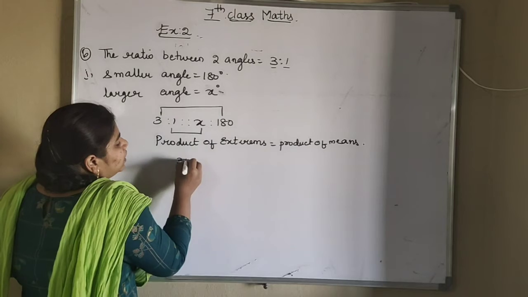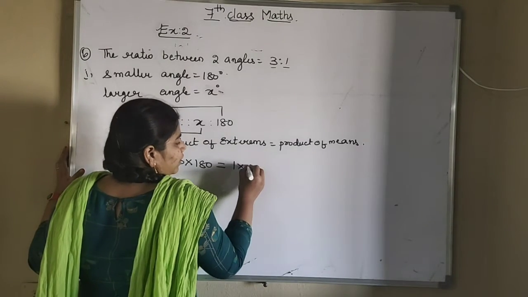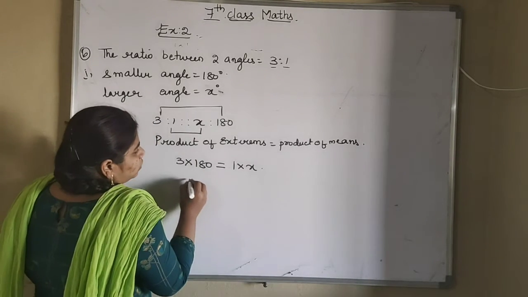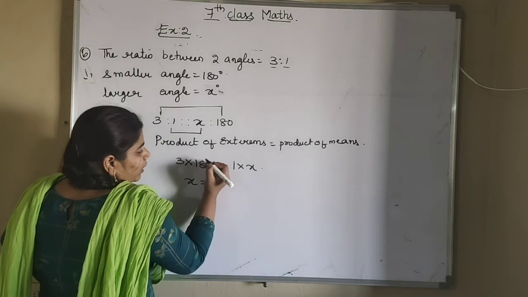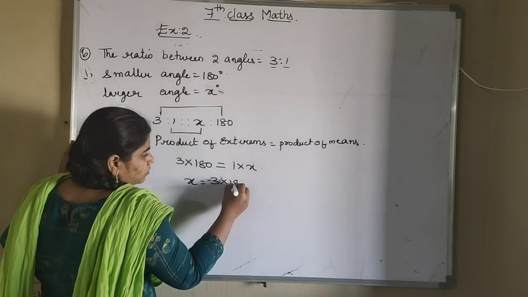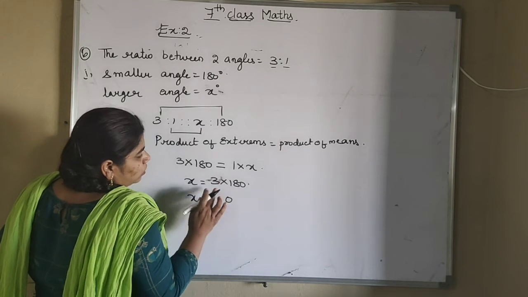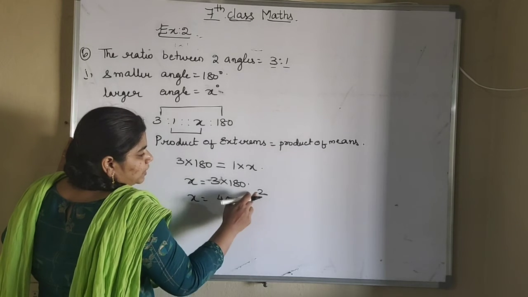So 3 into 180 is equal to 1 into x. 1 into x is nothing but x itself. So x is equal to 3 into 180. Multiply this: 3 zeros are 0, 3 eights are 24, 3 ones are 3, 3 plus 2 is 5.